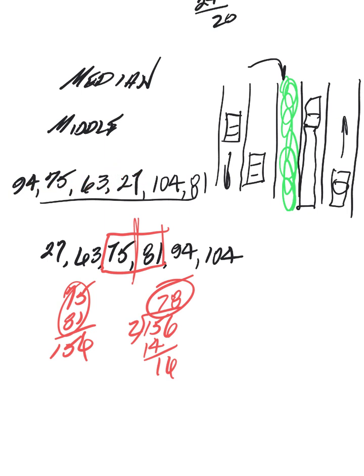So that makes it a lot easier. When you have an even number of scores, you take the 2 middle ones, like right here, add them up and divide by 2. You always divide by 2 because you're finding the average. So an average means you add the scores up and divide by the total number of scores. So I add these 2 scores up, I'm going to get 156, and I divide by 2, and that gives you the median.